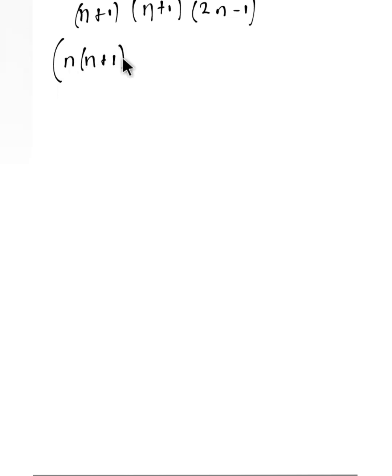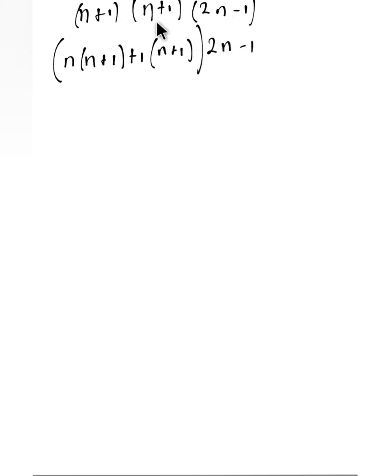From the numerator, the top part, we have n plus 1 into n plus 1 into 2n minus 1. So let's expand this bracket first. We expand these two brackets, then we expand the third one with it. So we have n plus 1 into n plus 1, then close the bracket, and we have this expression here, 2n minus 1.